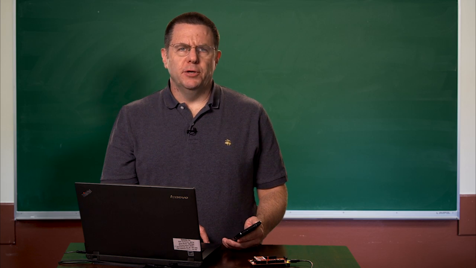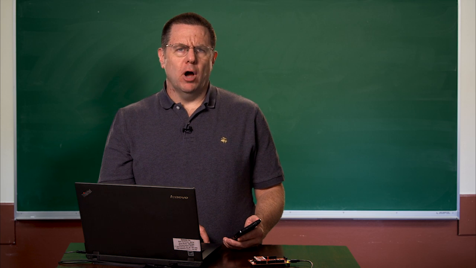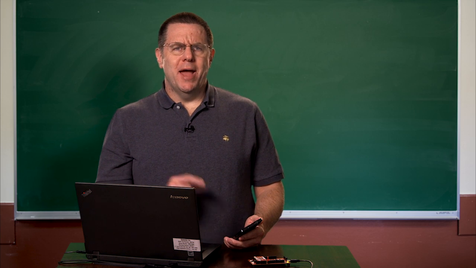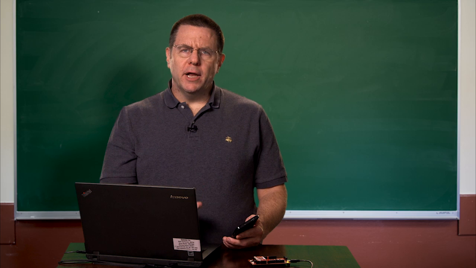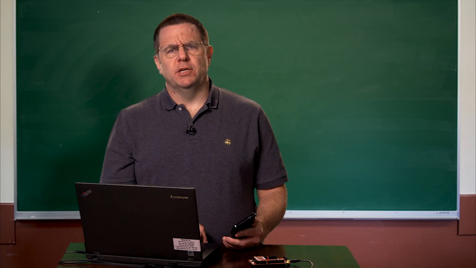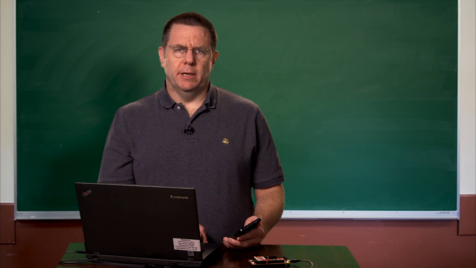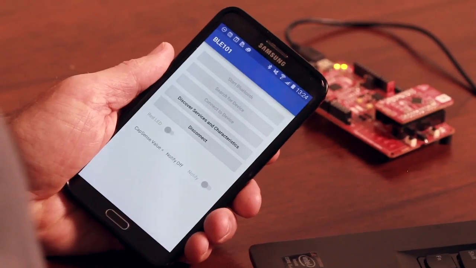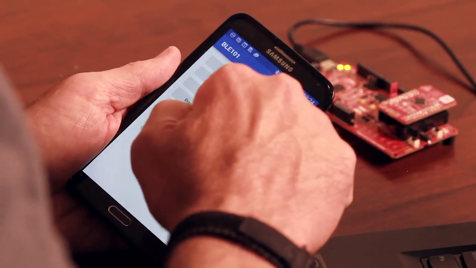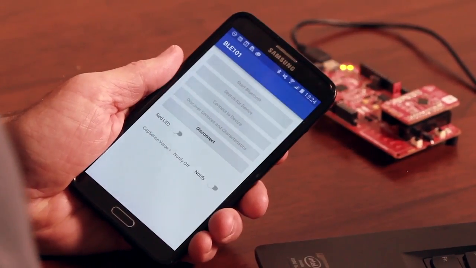Once that is done, the Bluetooth GATT Callback object broadcasts an update to our main application. The broadcast receiver in the main application then enables the next button, Discover Services and Characteristics. Click. That button calls a method in the model which queries the GATT database for the services and characteristics that it contains.